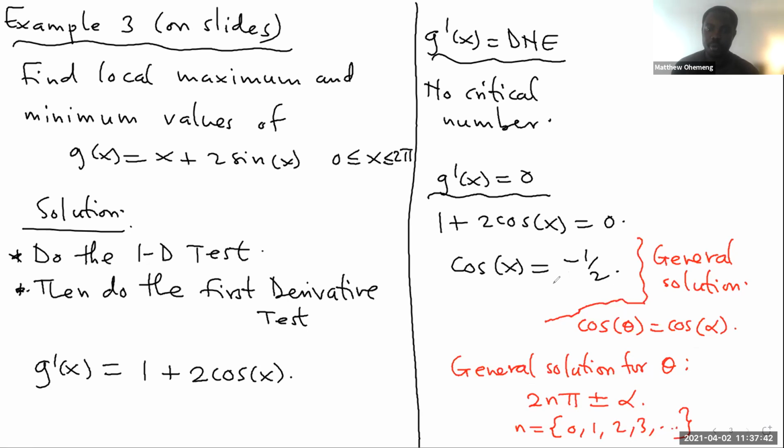So now for this problem, if you want a general solution for x, then if you have cosine of x equal to -1/2, I'll need to move on to the next slide, but let me wait for some seconds. If you need more time, let me know. Okay.